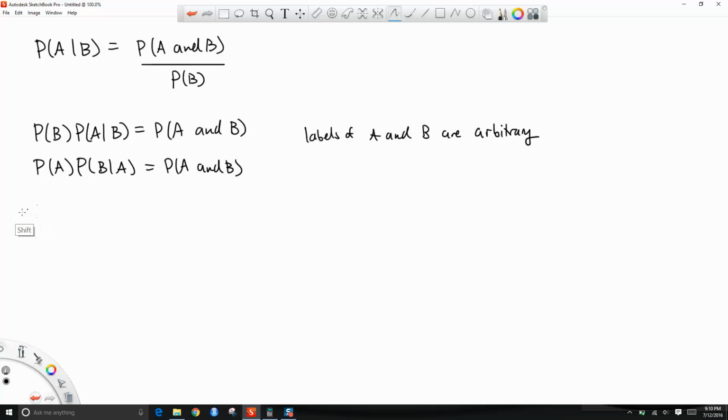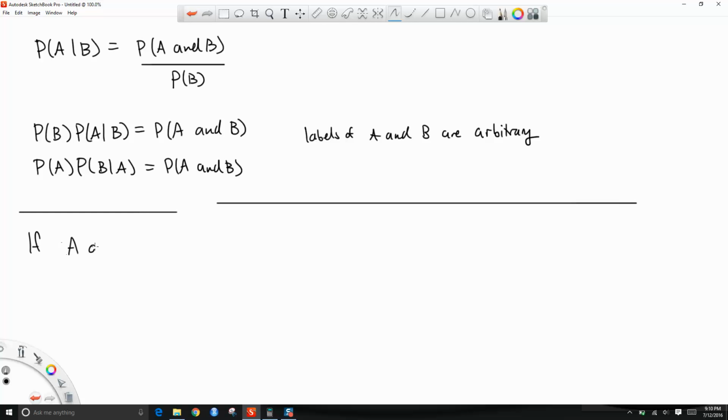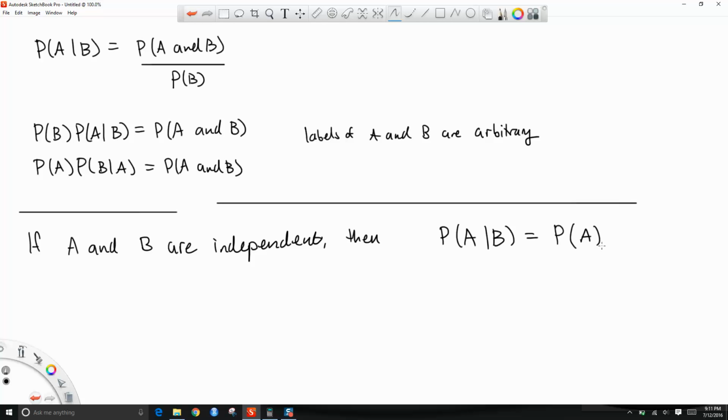All right. If A and B are independent, so we just went over this, then the probability of A given B, this is equal to what? Probability of A given B, if A and B are independent, is equal to the probability of A, right?